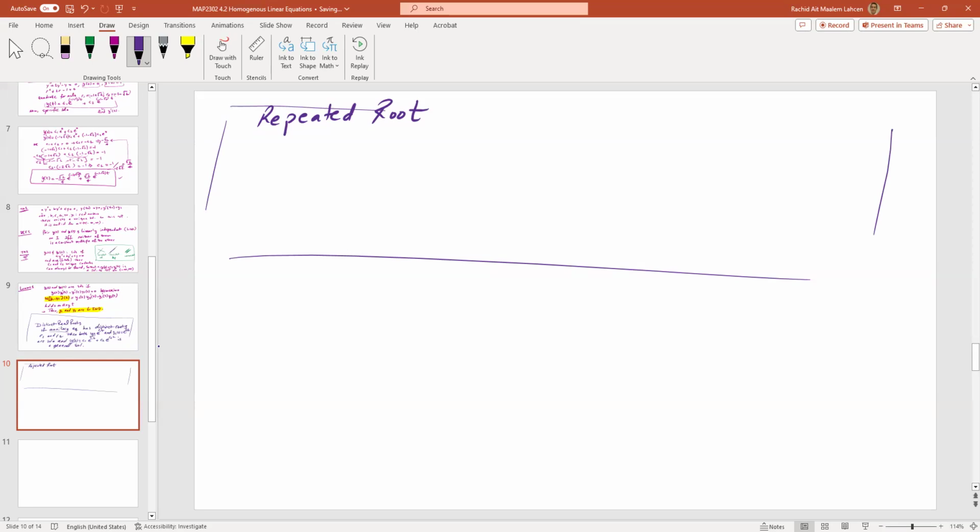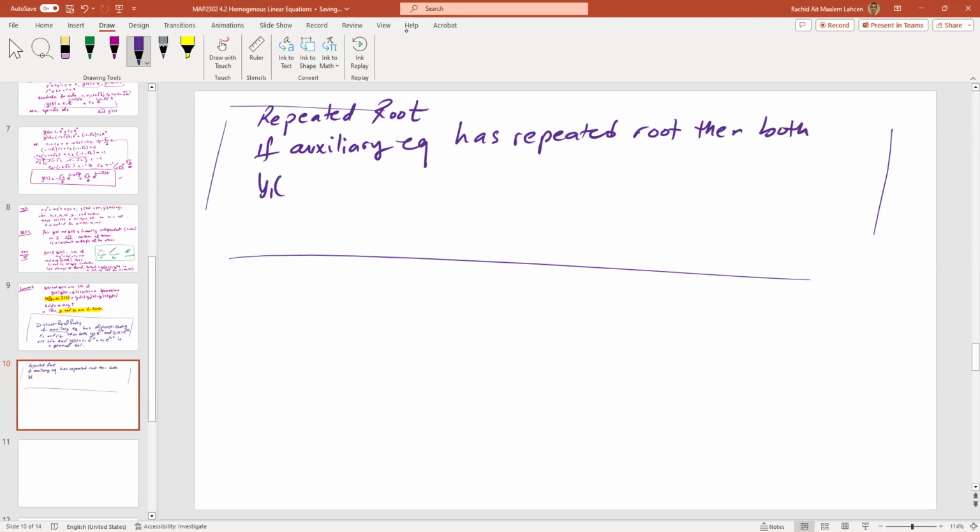If the auxiliary equation has a repeated root, then both y sub 1 of t equals e^(rt) and y sub 2 of t equals some function of t times e^(rt).